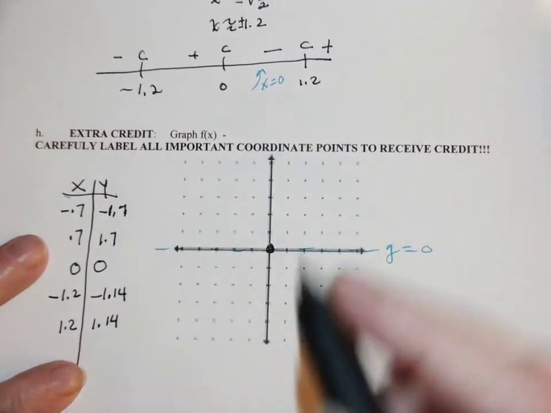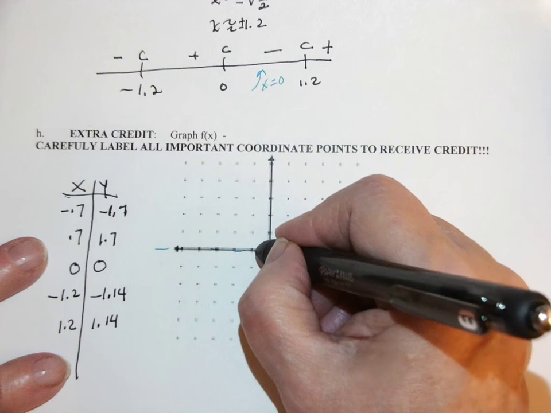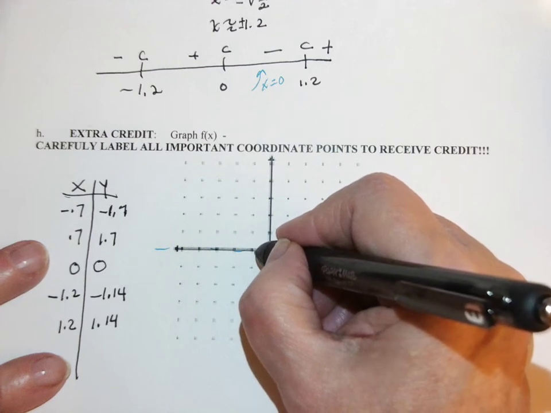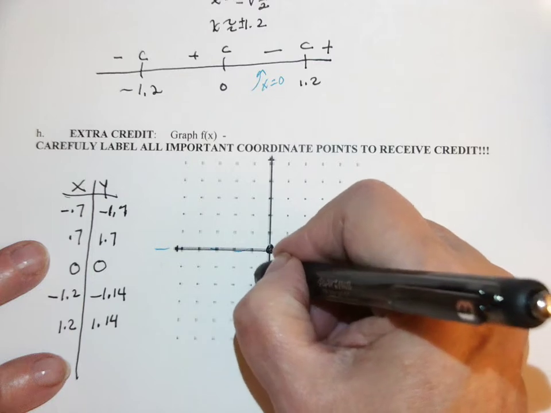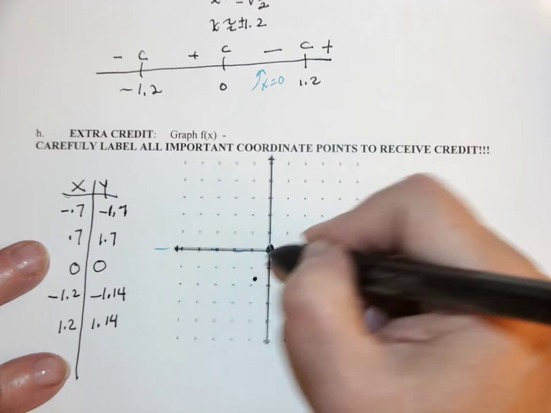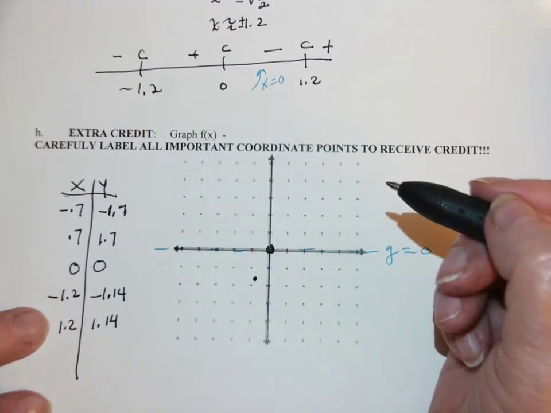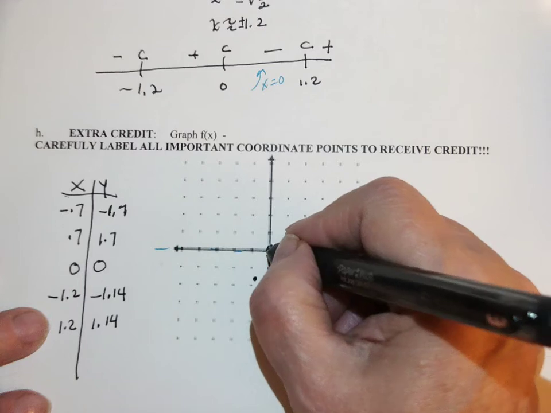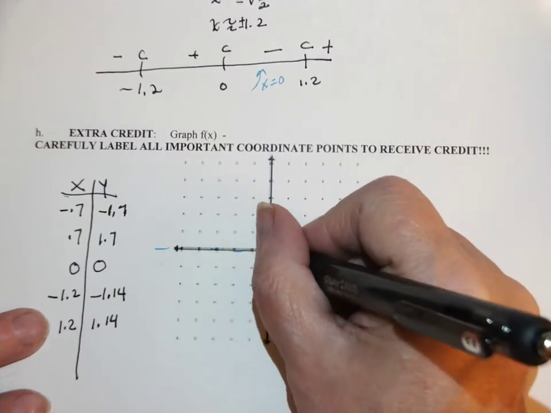So about negative 3/4, we're down at 1 3/4. At a negative, that should be, yeah, negative 3/4.